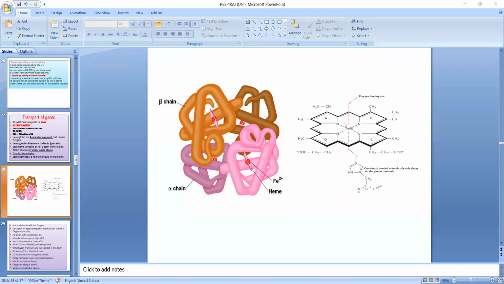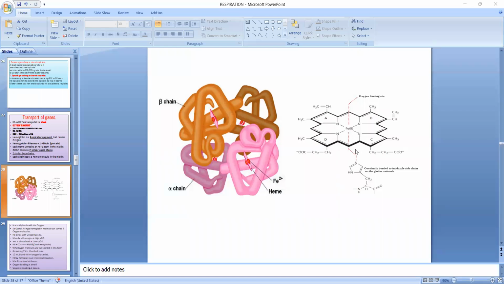In your degree, you might have studied coordinate covalent bonds. See here, this iron forms four coordinate covalent bonds with the four nitrogen atoms of the four pyrrole rings. As part of these bonds, this iron forms a loose association with the nitrogen of the globin polypeptide chain.